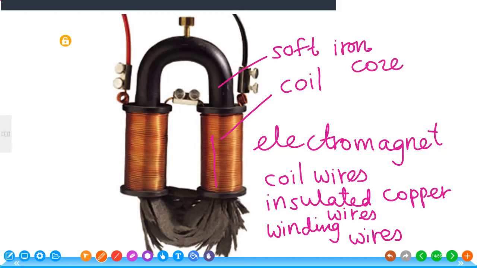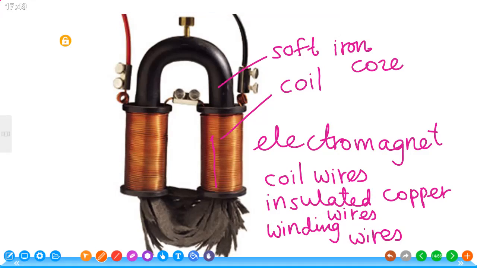Remember that when we supply current, the soft iron core becomes the magnet. They are not the coil. The magnetism is found in the soft iron core. Therefore, when making an electromagnet, a large number of turns of insulated copper wire is wound around a soft iron core.